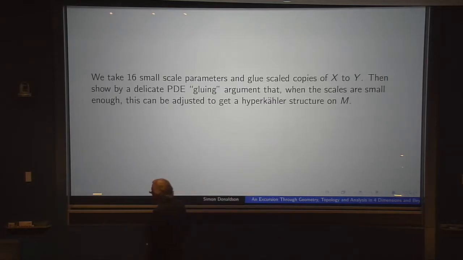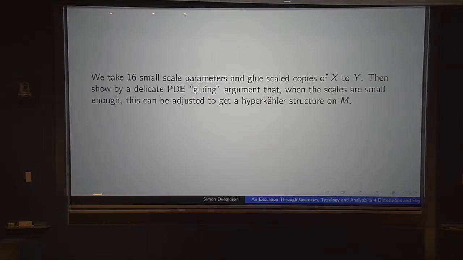So what we finally do to construct our K3 surface is we take 16 small scale parameters, and then we glue scaled copies of X, scaled by these 16 parameters, to Y. And then we use the same kind of argument as we were discussing with this bridge principle for minimal surfaces. We're trying to obtain a solution on our whole manifold by gluing together these known solutions.